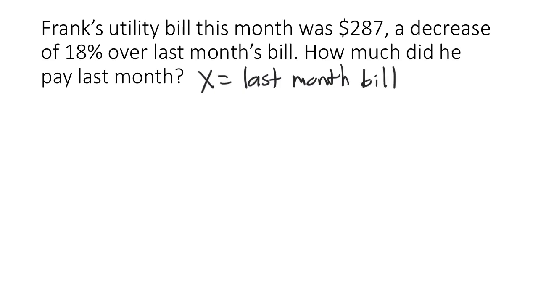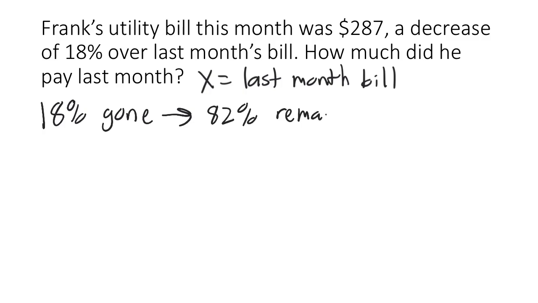Now let's see what we can make of the percentage. In problems like this, it's often easier to take a statement about a loss or a decrease and convert it into a statement about what remains. So, for instance, if we have 18% of our bill is gone, well, that means that 82% of the bill must remain from the previous month.